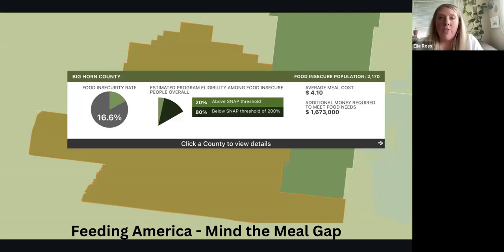And we know that through a local native-run nonprofit called Plenty Doors, one of our neighbors did a study that 80 cents of every dollar earned in Bighorn County leaves the community. So there's a huge economic divide. There's a lot of people that are eligible for SNAP, and it is very underutilized within our community.